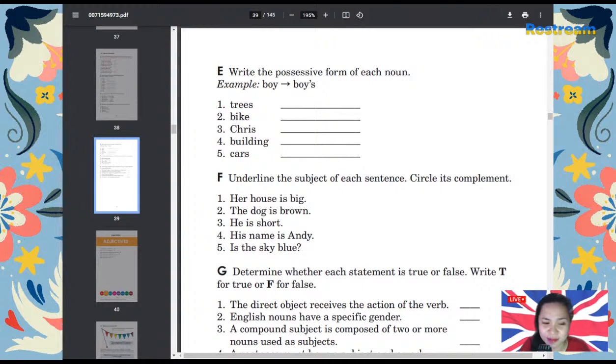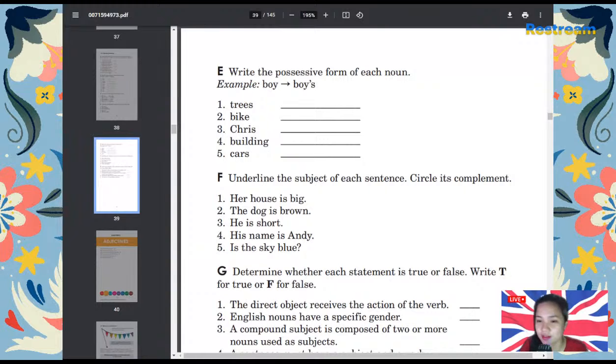Let's get it fast a little bit. Okay, so what is the subject here and the subject complement from the sentence? Is the sky blue? So this one is a little bit tricky because the sentence is in question form. But let's see if you can identify the subject and the subject complement.